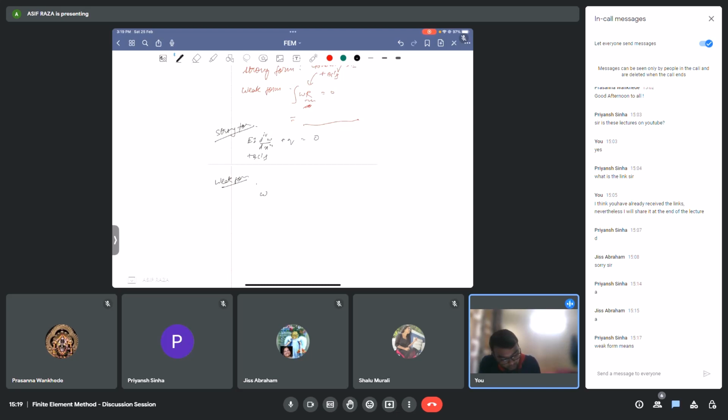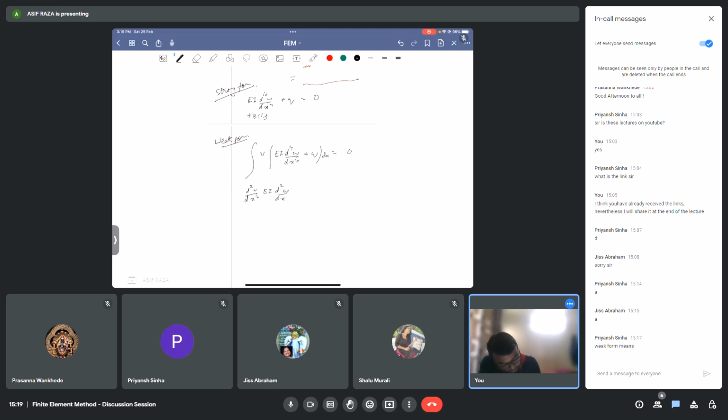We multiply it with a weight function, suppose v times EI d4w dx4 plus q equal to 0, and then we integrate it in this domain. Finally, what we get is d square dx square EI d square w dx square plus q or something like this, plus some more terms equal to 0.